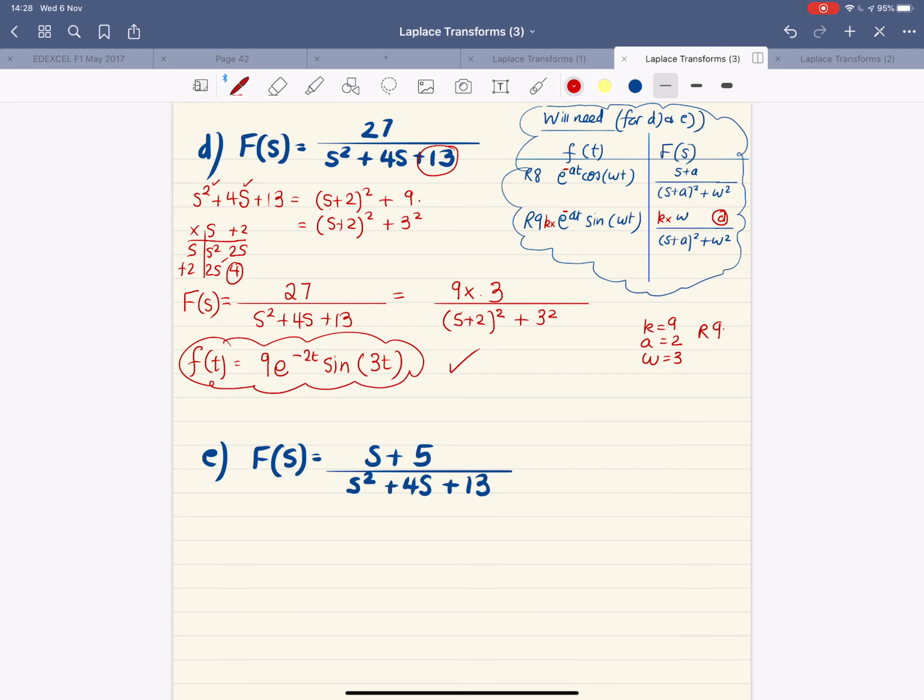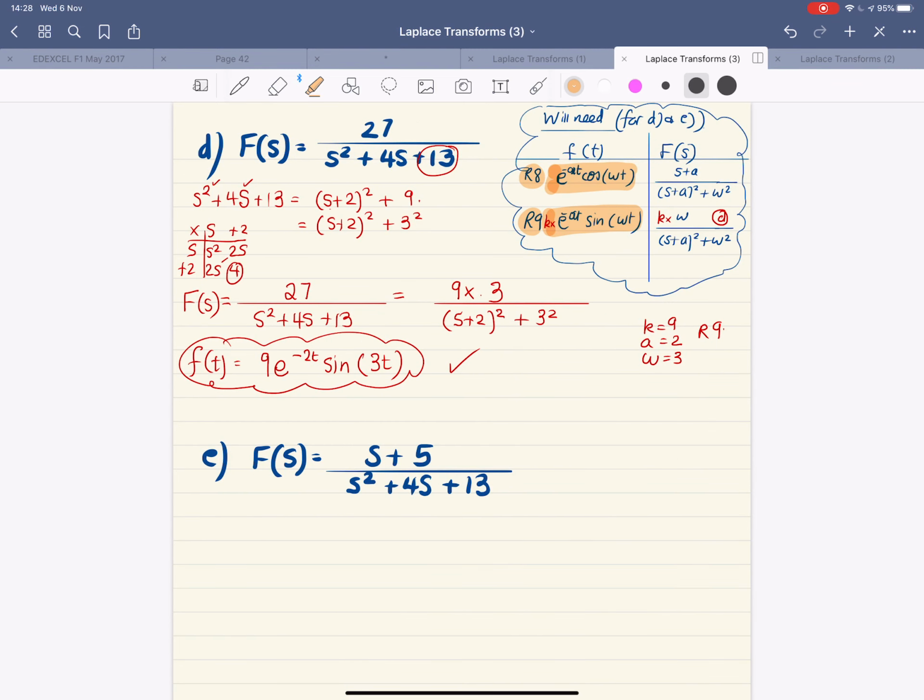In the other one I coloured in these rules, so let's put this in here. e to the minus at. I coloured in the rules with peach before. That's e to the minus at, that's row 8. Row 9 with the extra k in is there.